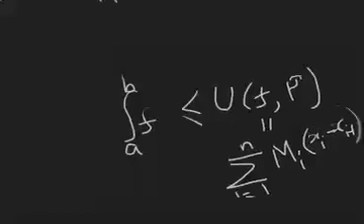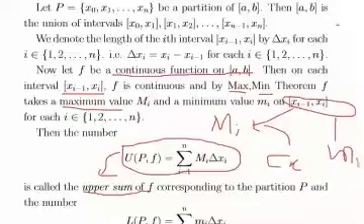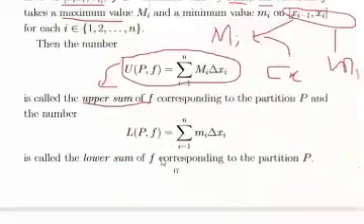Similarly, you can define the lower sums here. The lower sum of f corresponding to partition P is denoted by this.